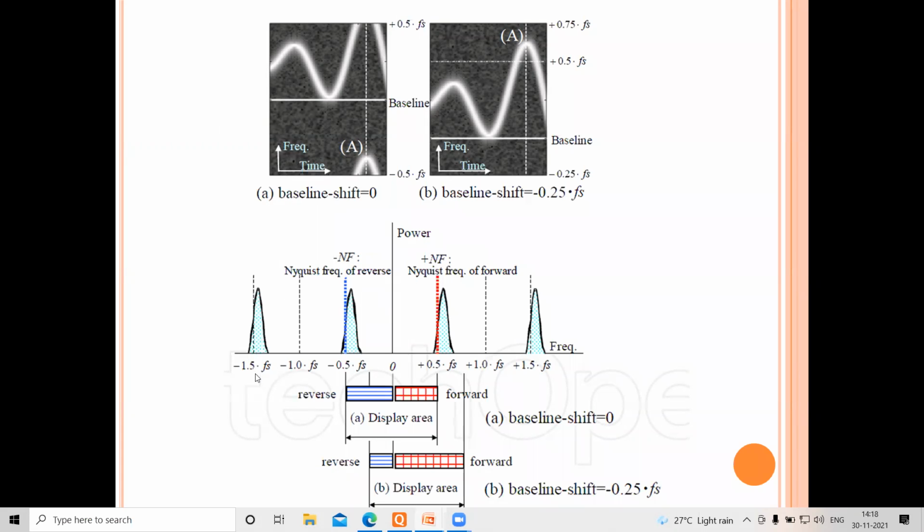Now, you can see, one is with zero base shift. What is happening is, this is your display area. Part of your signal is being cut off. If your baseline is shifted, you are able to see both of them. One is in the forward direction, the other one is in the reverse direction.